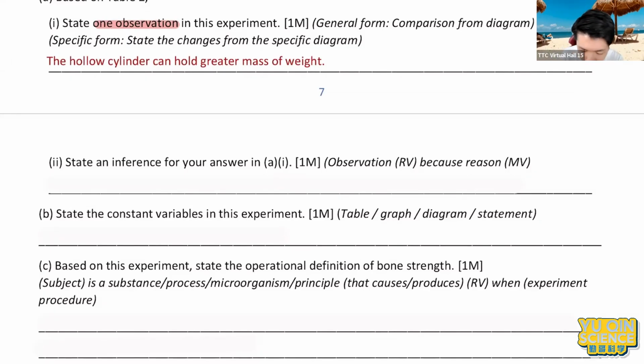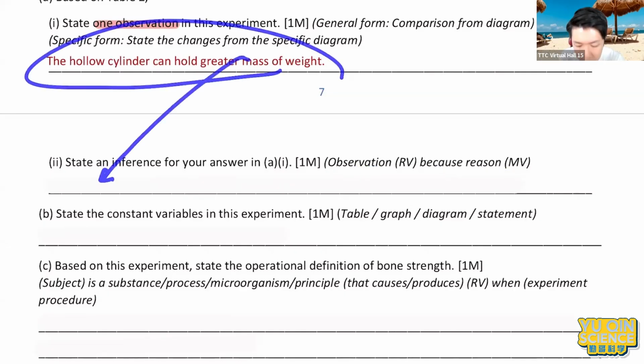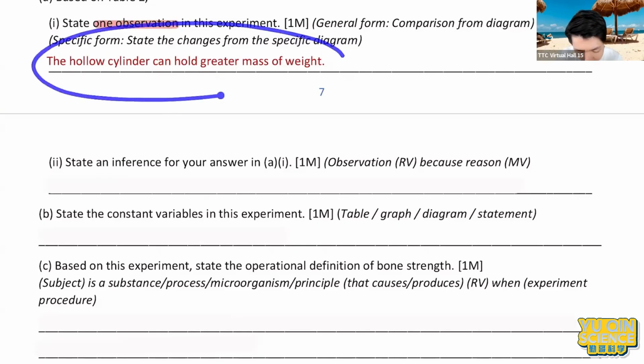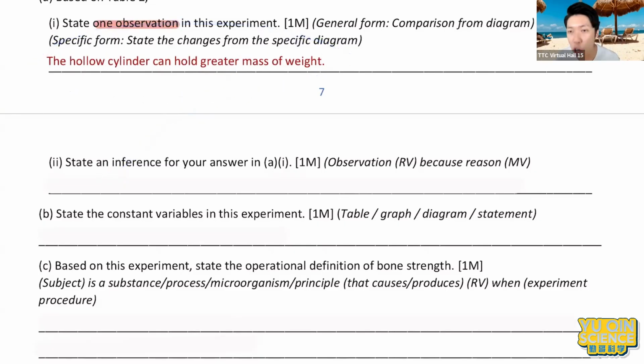Number two, state inference. Inference formatting is observation because reason. Bring this down, everybody. Copy exactly from where you have. Please copy it down. Then continue with because. Because, you have to refer to your MV, or I should say your manipulated variable.